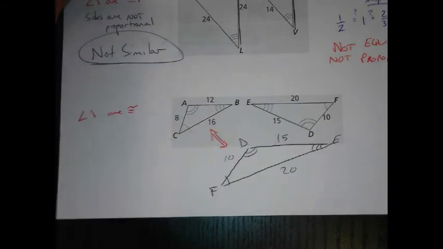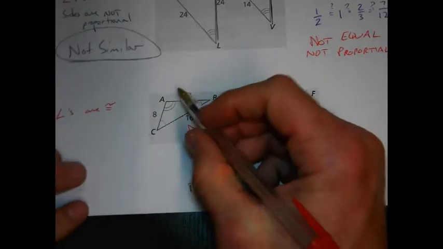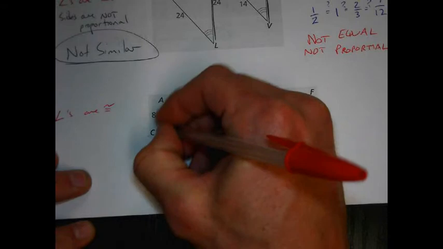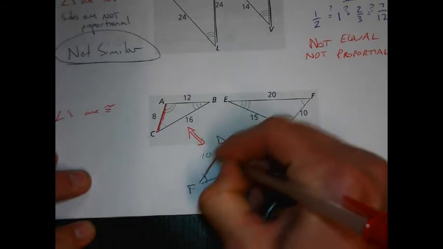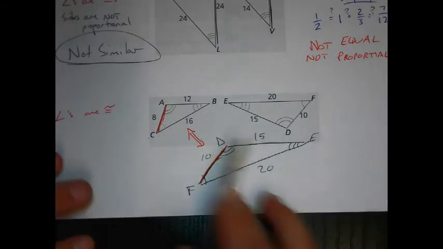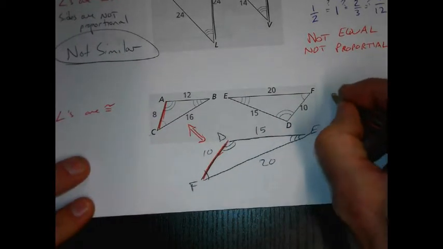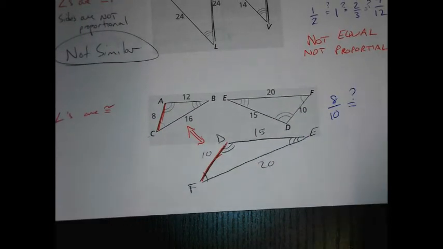Next we want to look at our proportionality statement. If these are congruent, what about from AC to DF? We have a ratio there, right? AC is 8, DF is 10. So we set up our ratio. We have 8 to 10. The question is, is that equal to the other corresponding sides?